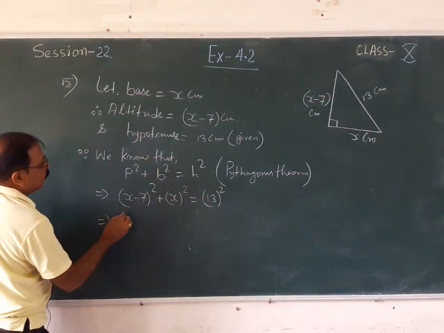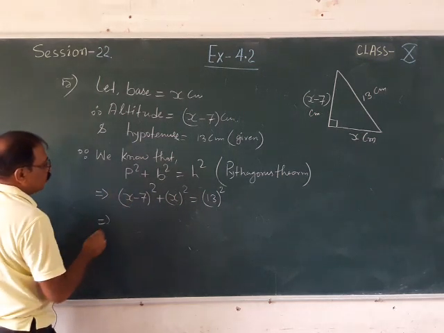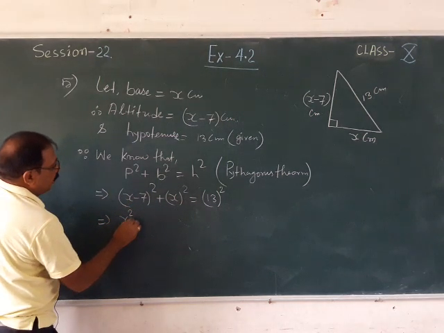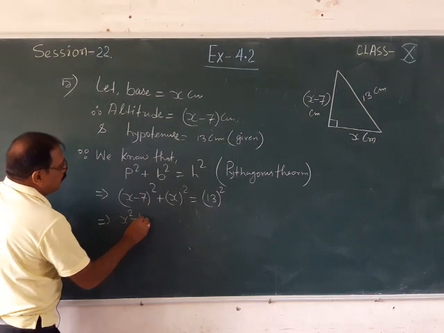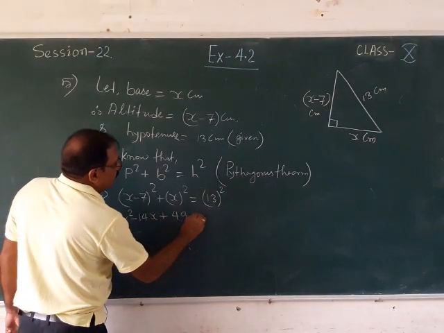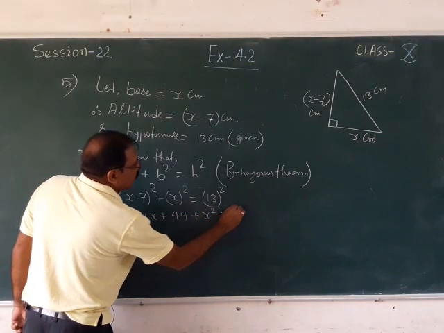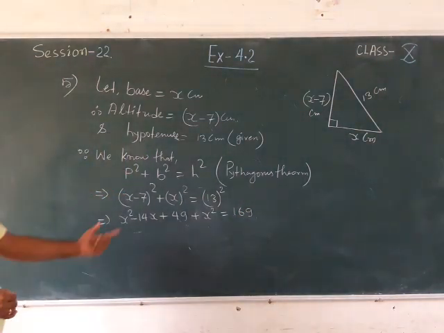Then we can frame the equation. x minus 7 whole square means a minus b whole square, that will be a square minus 2ab, that means 2 into 7 into x, that is 14x, plus 49, plus x square, that is equal to 169.